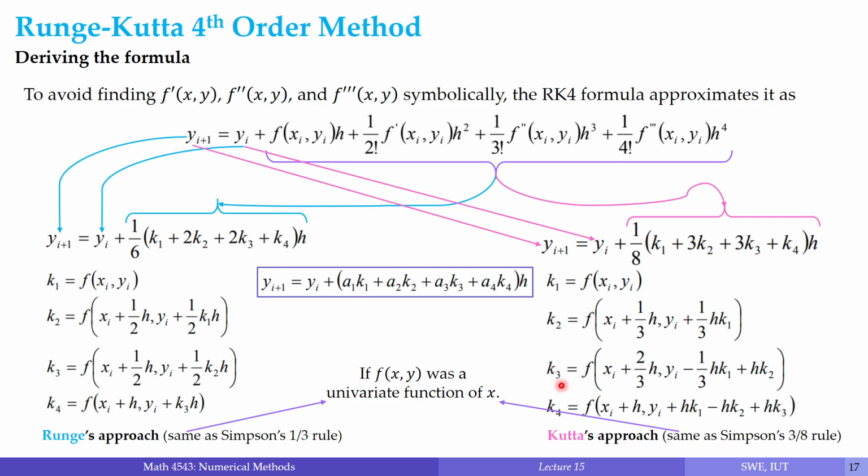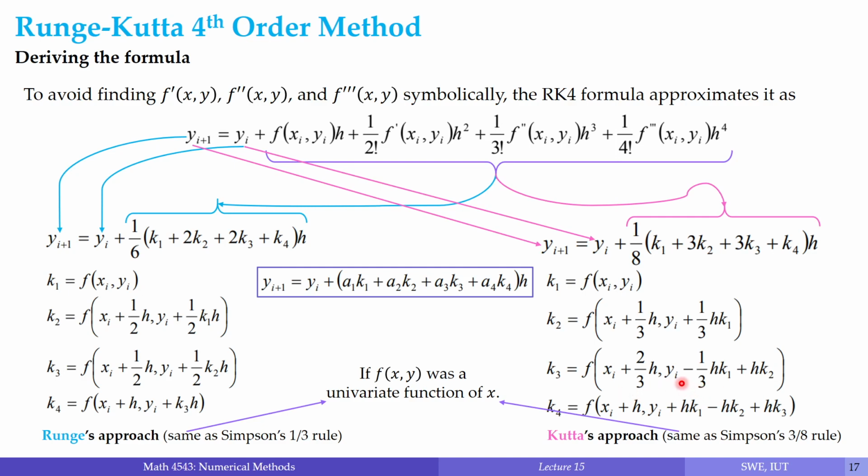And for K3, instead of going through one third, now he is progressing by two thirds. So xi plus 2 by 3 h, which means he's going 66.67% of the step towards the right. So that's the abscissa, and this is the approximation of the y value at that point of x.